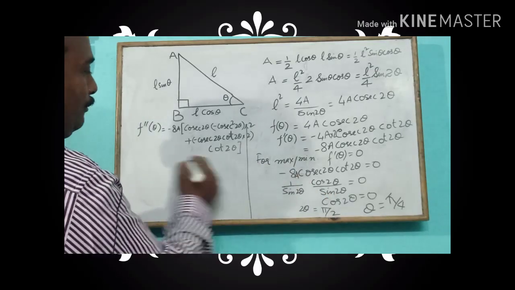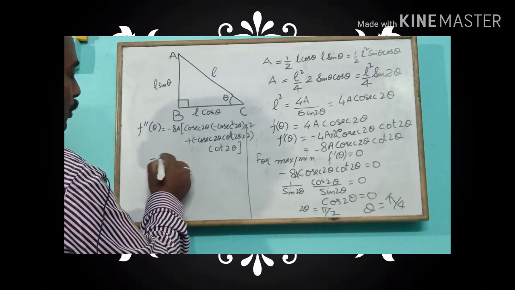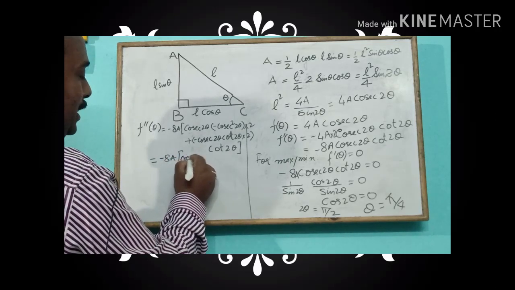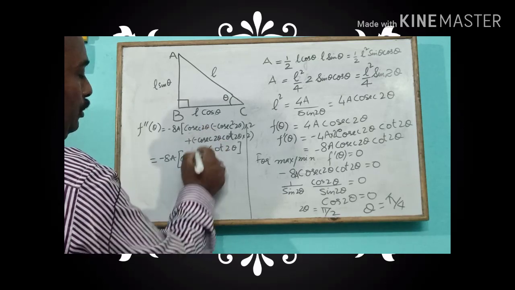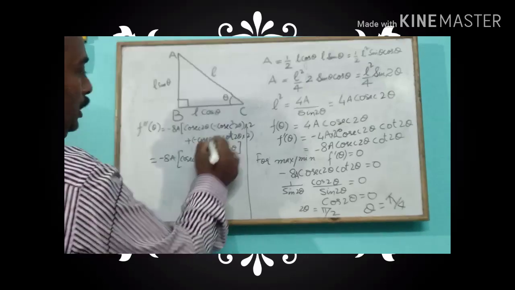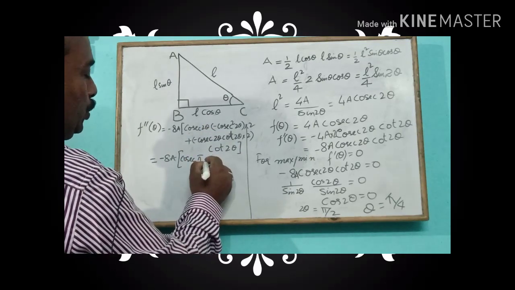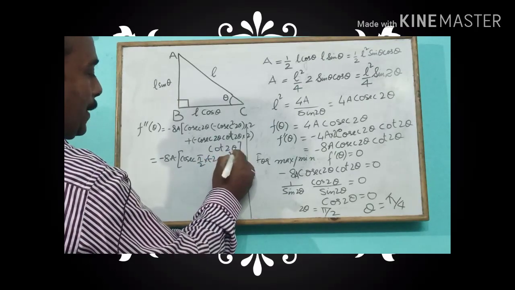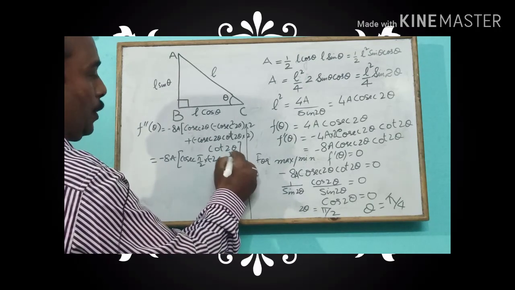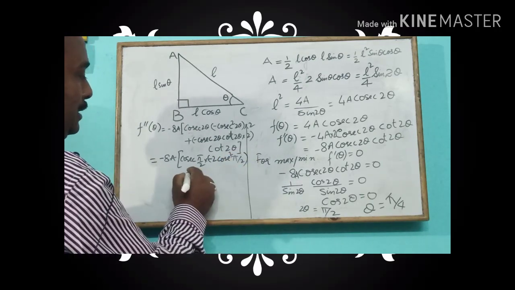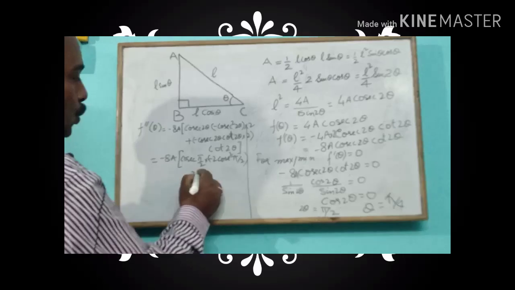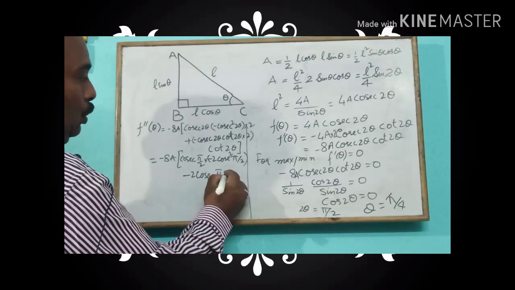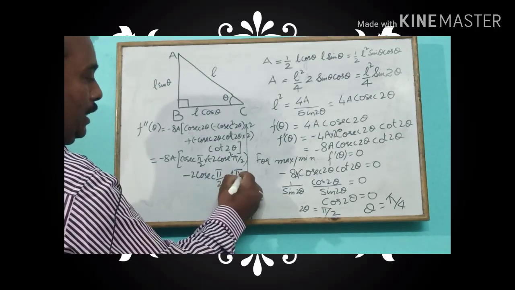So when we put pi by 4, you can calculate and see that cosec pi by 2 into minus 2 cosec square pi by 2, plus then minus 2 cosec pi by 2 cot pi by 2.